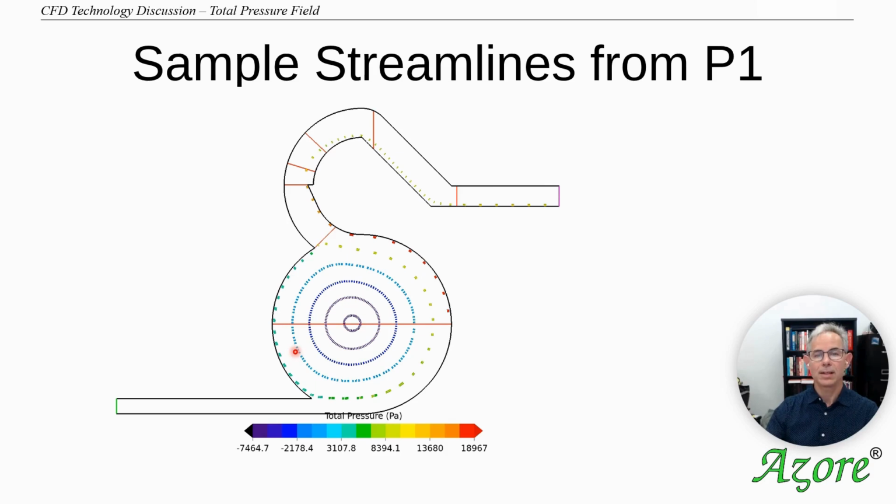In reality, they're going to go around many, many times. This streamline could cross this plane hundreds of thousands of times before it eventually makes it out here and leaves the system. So what kind of averaging technique can we use that really accounts for that? That's the averaging technique that we have proposed to account for this.